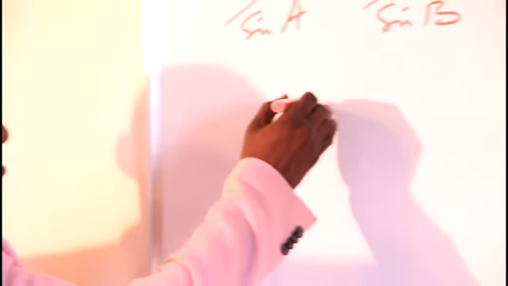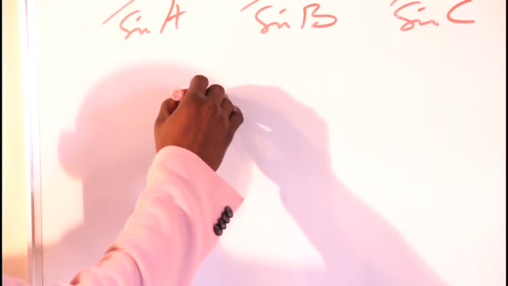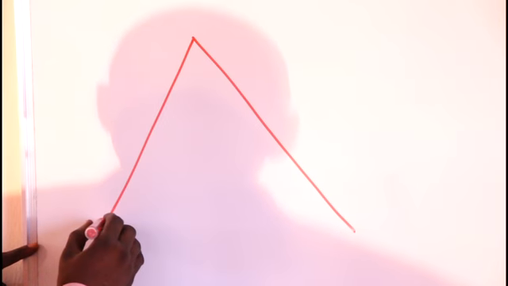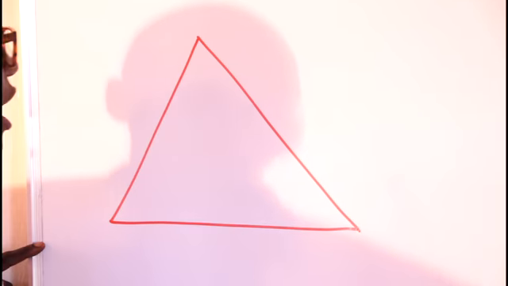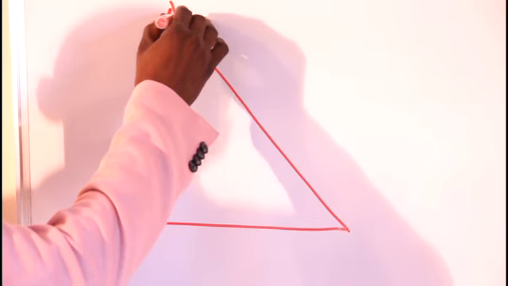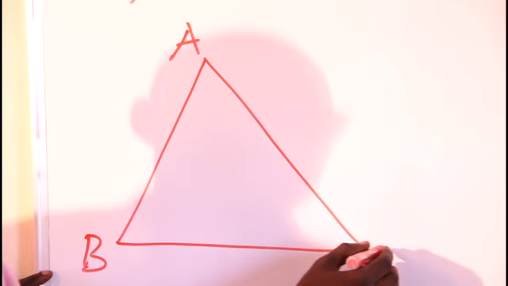So we want to prove that now. Suppose you are given a triangle like this, and you name it triangle ABC.